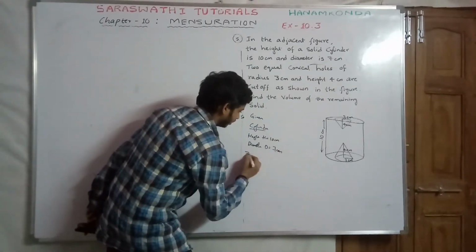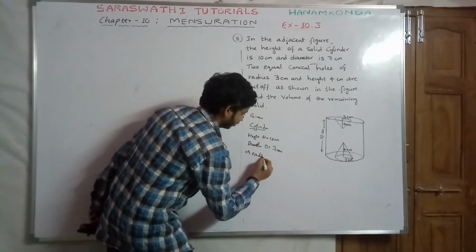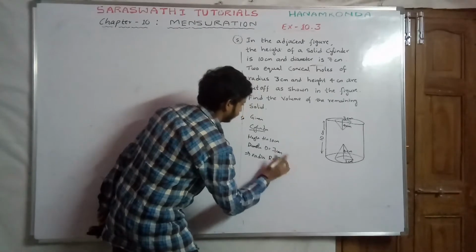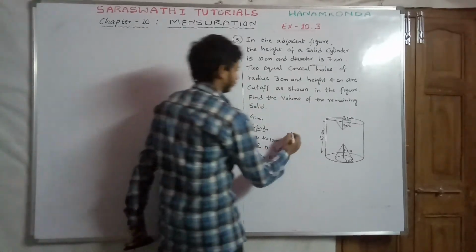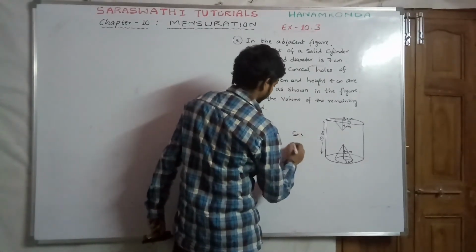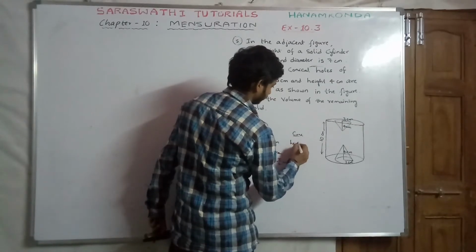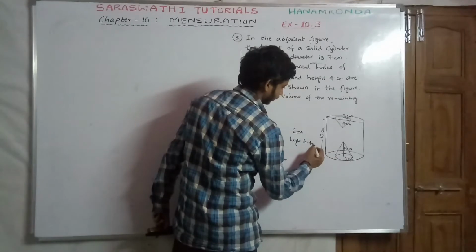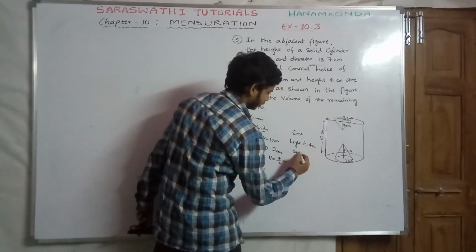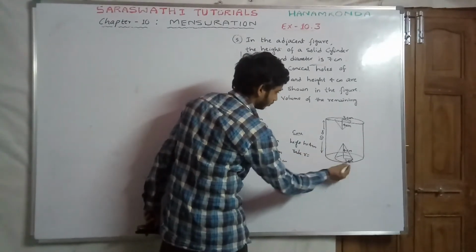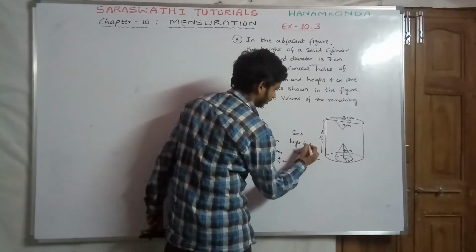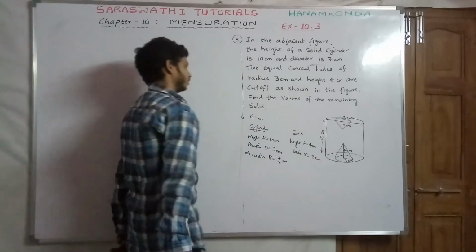That implies the radius, capital R, equals 7 by 2 centimeters, half of the diameter. And the cone dimensions are given: height small h equals 4 centimeters and radius small r equals 3 centimeters.